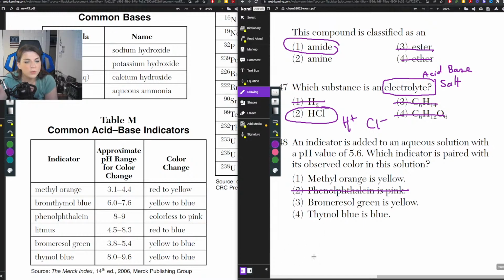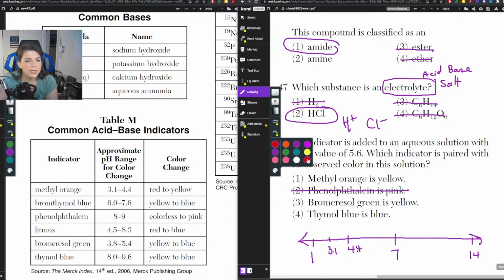So when it comes to reading these, I just want to help you out real quick. If we look at the entire pH scale going from 1 to 14, we'll put 7 in the middle. And we're going to do methyl orange for this example. So I'm going to put 3.1 right there, and I'll put 4.4 right here. The way you read this table is that it is red from 3.1 and down.